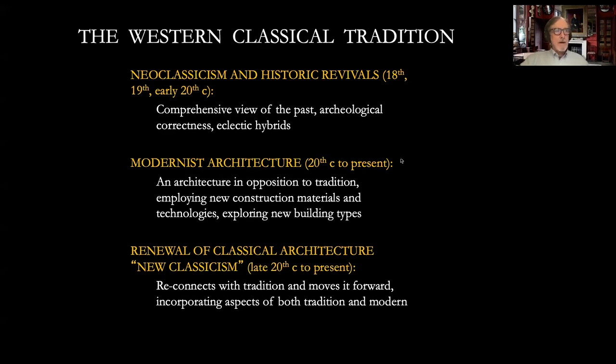We see an interest in archaeological correctness. So architects were looking back and studying and quantifying the architecture of the past and creating records of that could be used by current architects and future architects.